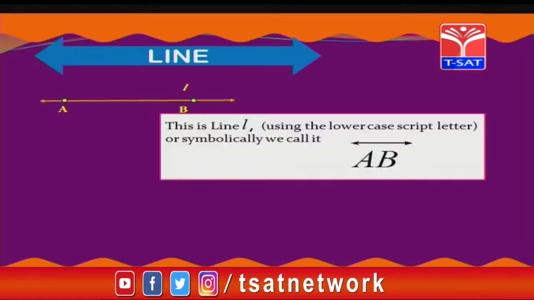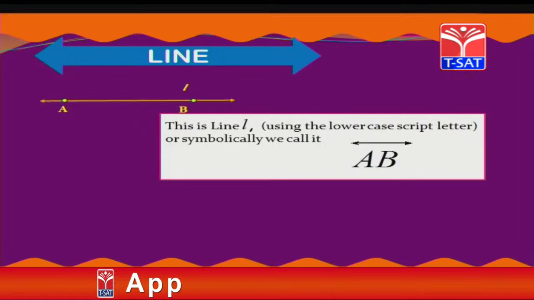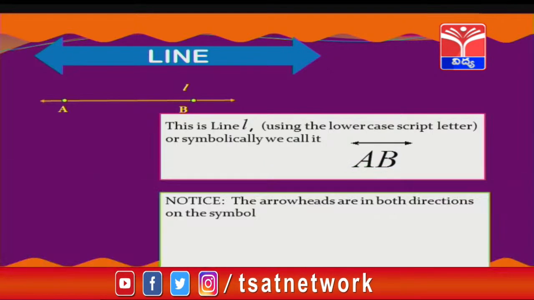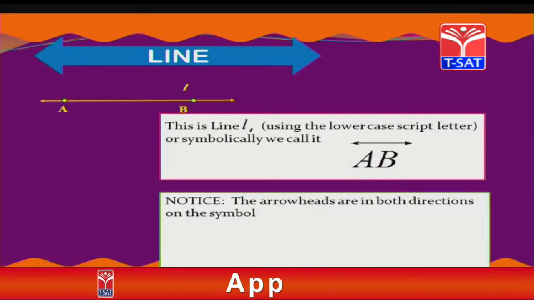That is the original notation of the line. This is line L. We can indicate the line with a small letter, or symbolically we call it line AB or line L. Okay.